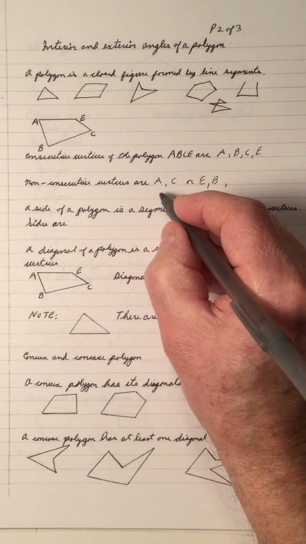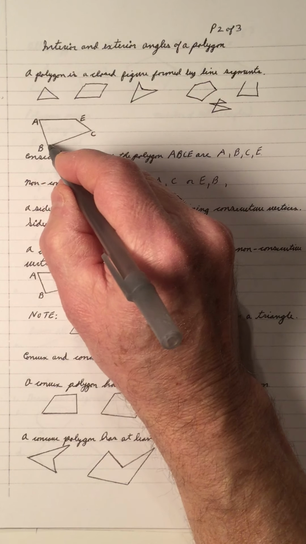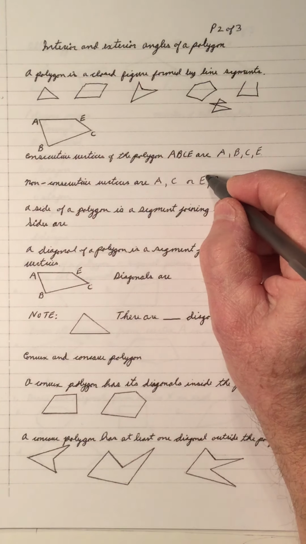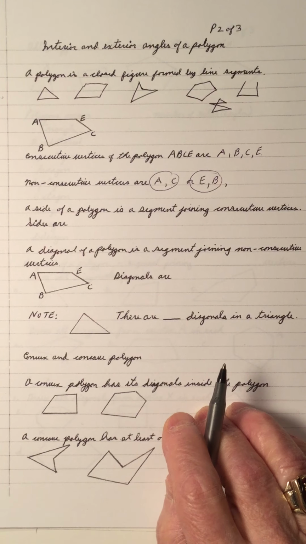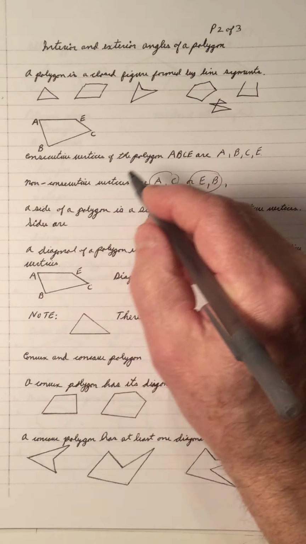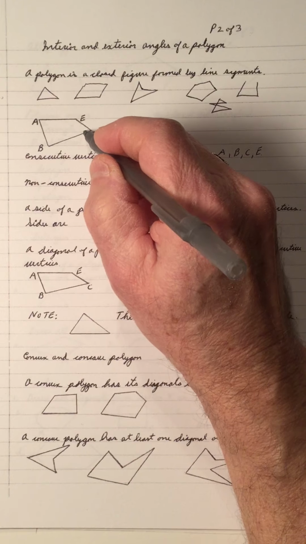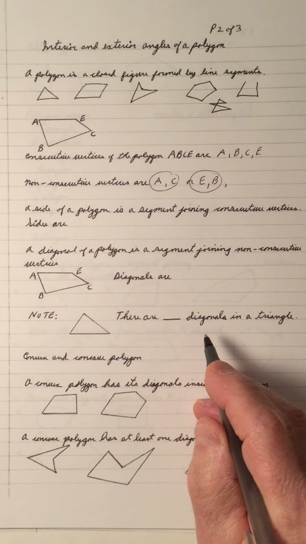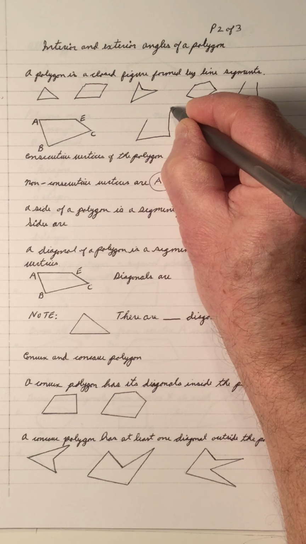So if I pick C, which is non-consecutive, then I have to go with A. If I pick B, then I've got to go with C. So these are the 2 pairs of non-consecutive vertices. Again, adjacent are alongside each other, consecutive, and non-adjacent, non-consecutive are across from each other. Except when you have something like this.